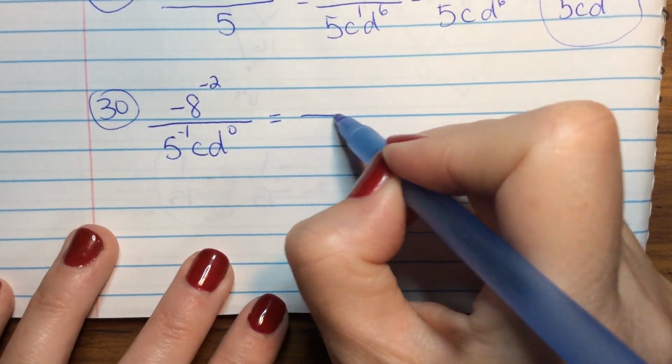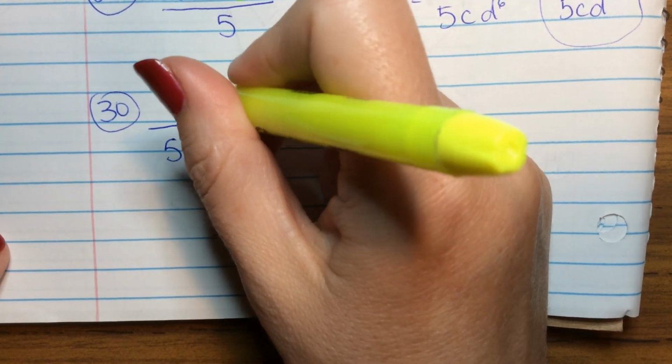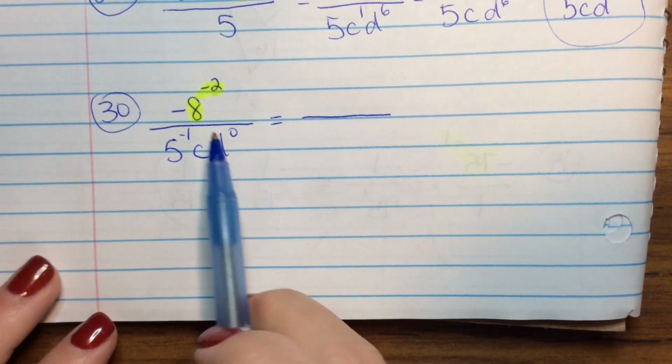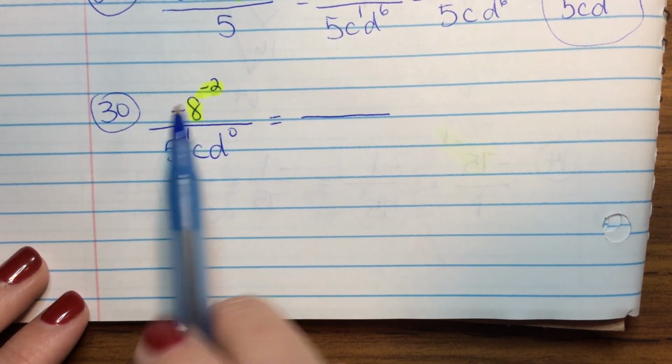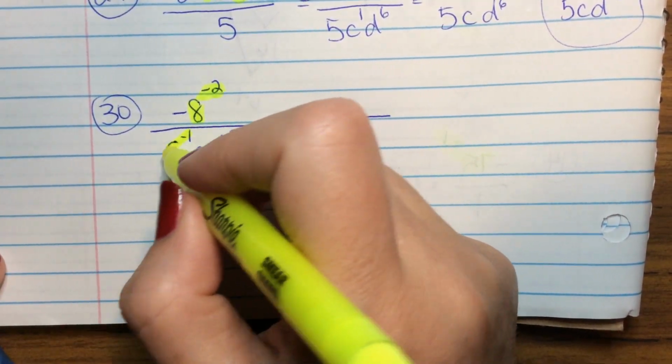Okay. Notice that only the 8 is being raised to the -2. Without the parentheses, that negative is detached. So let's highlight the bottom 2. This right here is going to get moved.